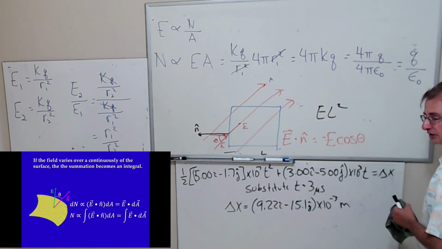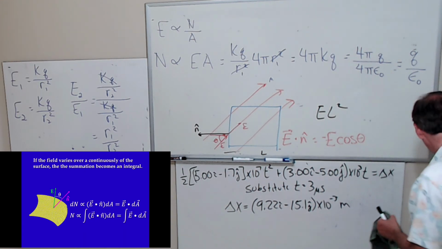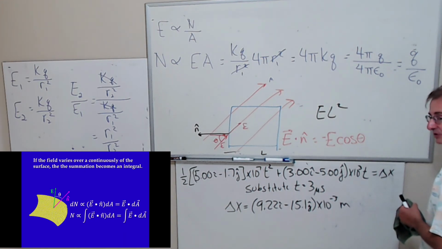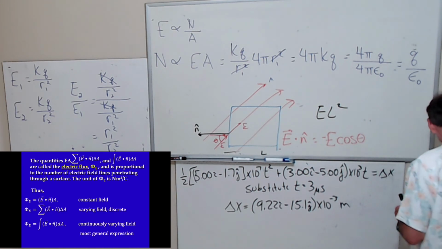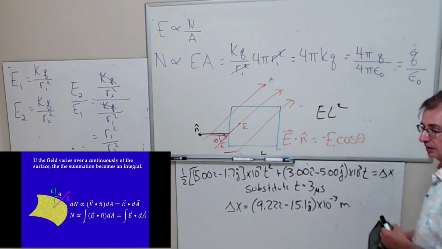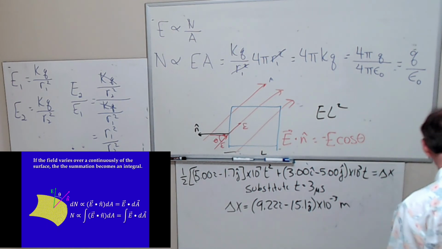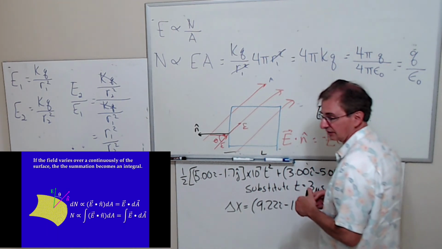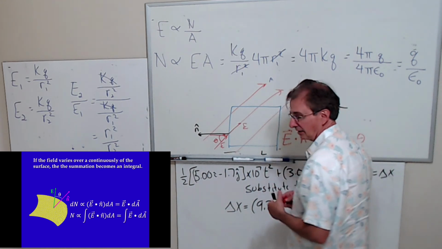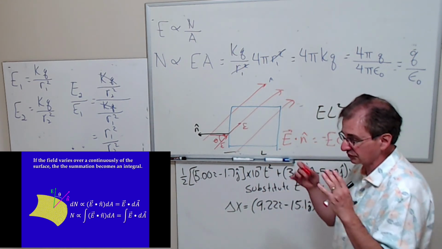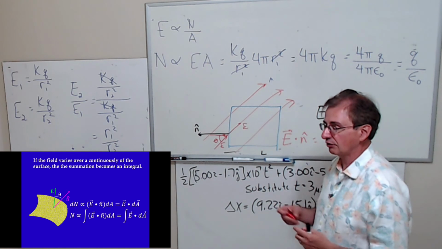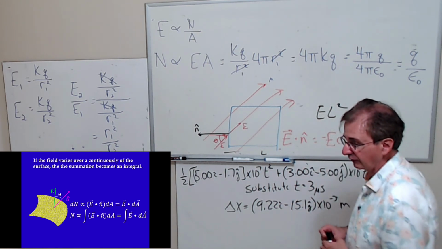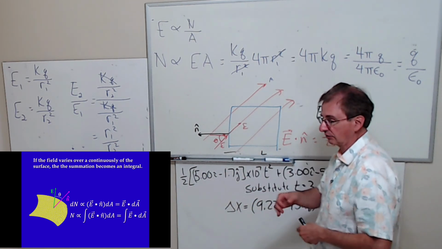Now, if the field varies continuously over the surface, then our delta A becomes the dA, and our summation becomes an integral. So just saying it's E times A is not sufficient. It's really an integral of E dot dA. That's the most general way of expressing it. And if E dot n is constant, you can always pull out the integral.